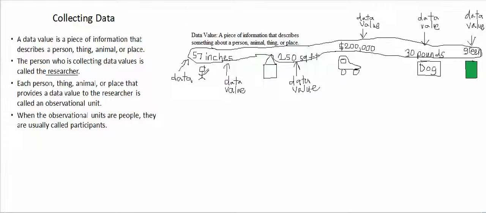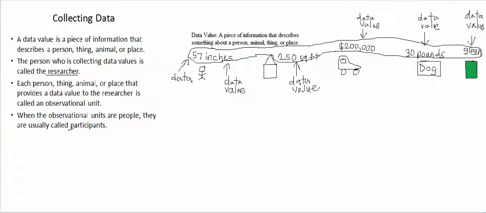But in each example, the observational unit is different because here I'm collecting information about the person, here I'm collecting information about the house. So we've covered the difference between a data value, an observational unit, and a researcher.